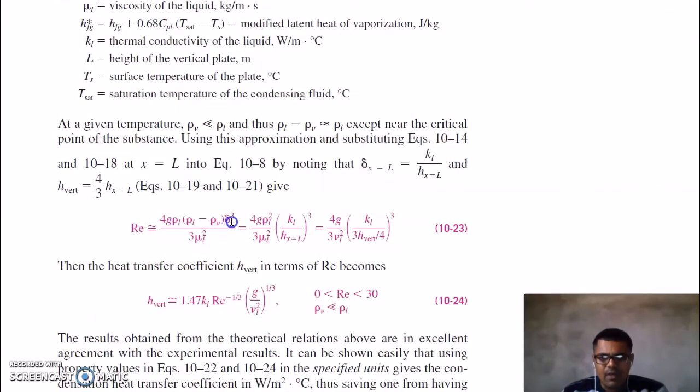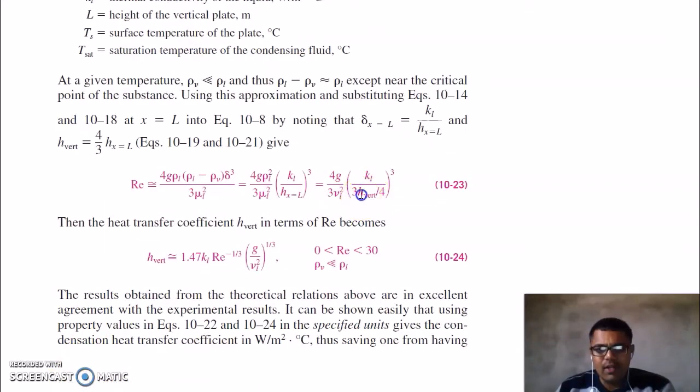Now put in delta, which we had calculated, and replace the local heat transfer coefficient by the vertical overall heat transfer coefficient. You will get the Reynolds number equal to this.